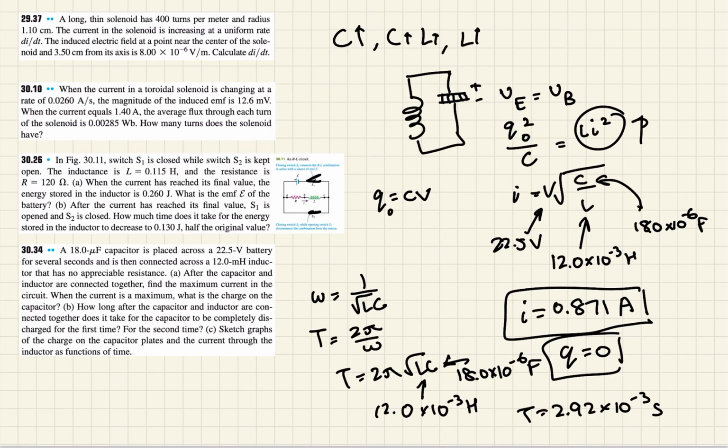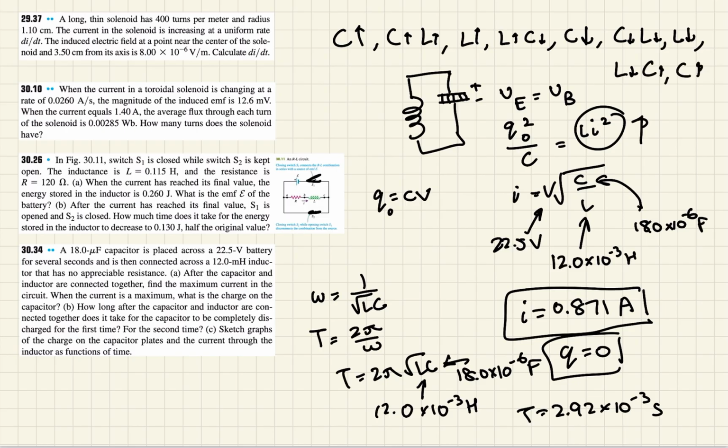Then this is fully charged, then they're pretty much equal again. Then capacitor is fully charged the other way, and then they're equal again. Then this is fully charged the other way. Then they're equal again. And then capacitor is fully charged again.